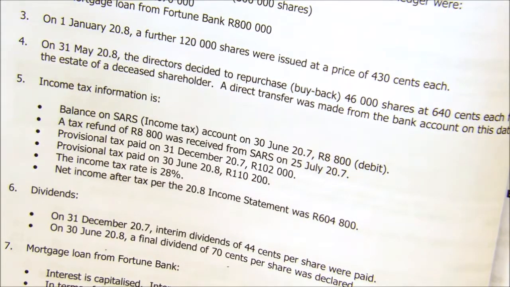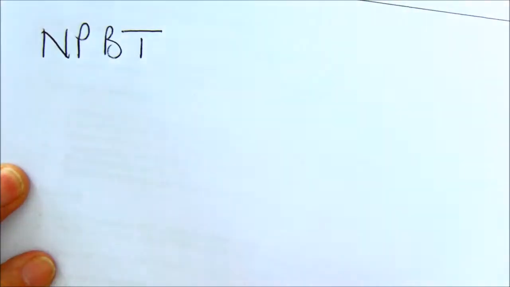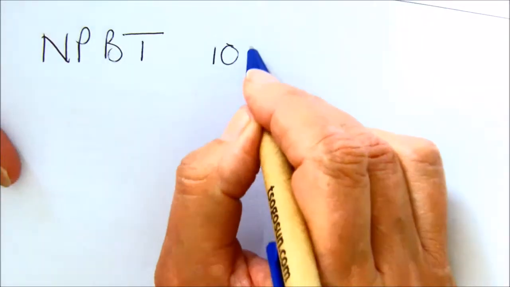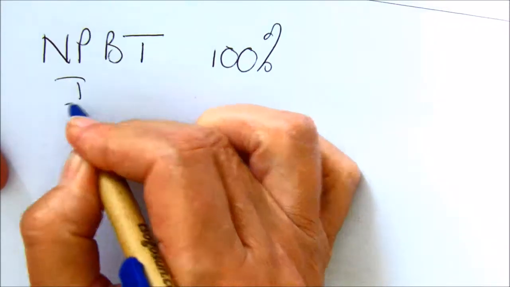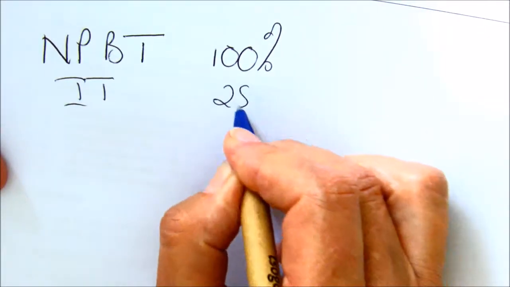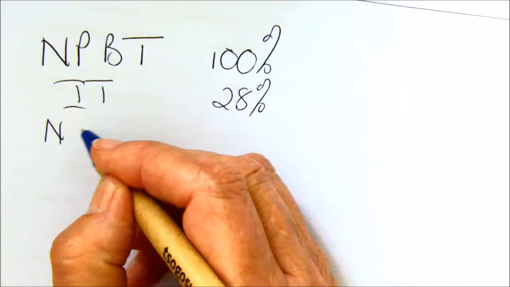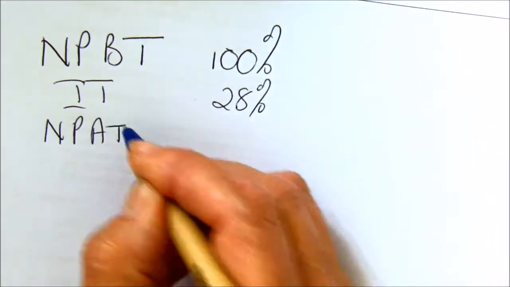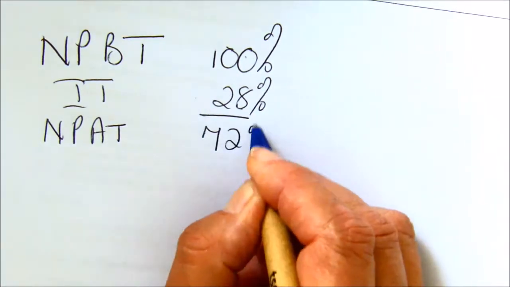So right, now let's have a look at this. We know that we get our net profit before tax, and we take that as being 100%. Then we're going to pay our income tax, which in this case is 28%. And so our net profit after tax, 100 minus 28, gives me 72%.